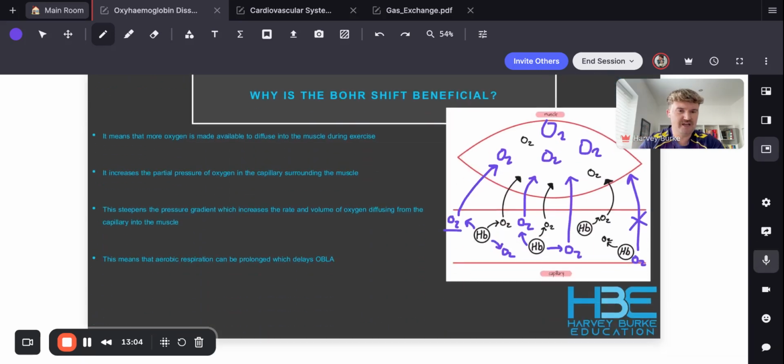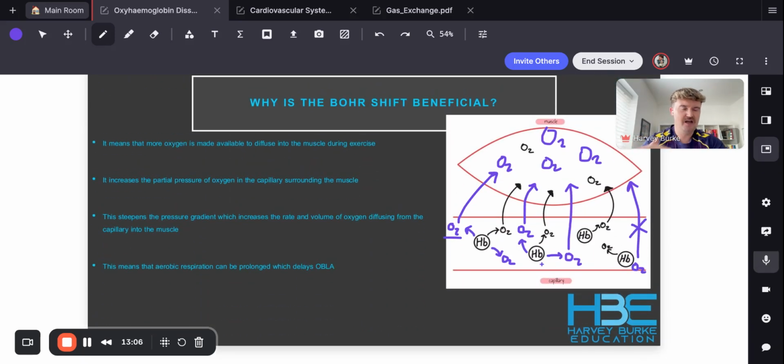So you can almost think of hemoglobin as a magnet. It becomes less of a strong magnet for oxygen, and therefore it's got a weaker attraction, a weaker affinity, and therefore it can dissociate with more of it.